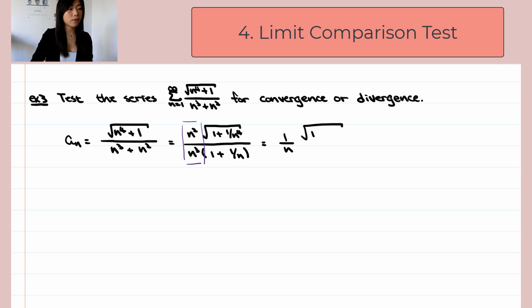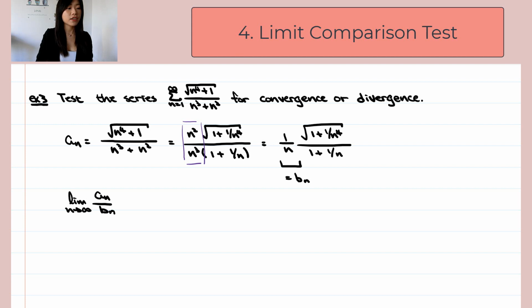So square root of 1 plus 1 over n to the power of 4, divided by 1 plus 1 over n. So this 1 over n is my bn. Then let's take the limit as n approaches infinity of the ratio an divided by bn.